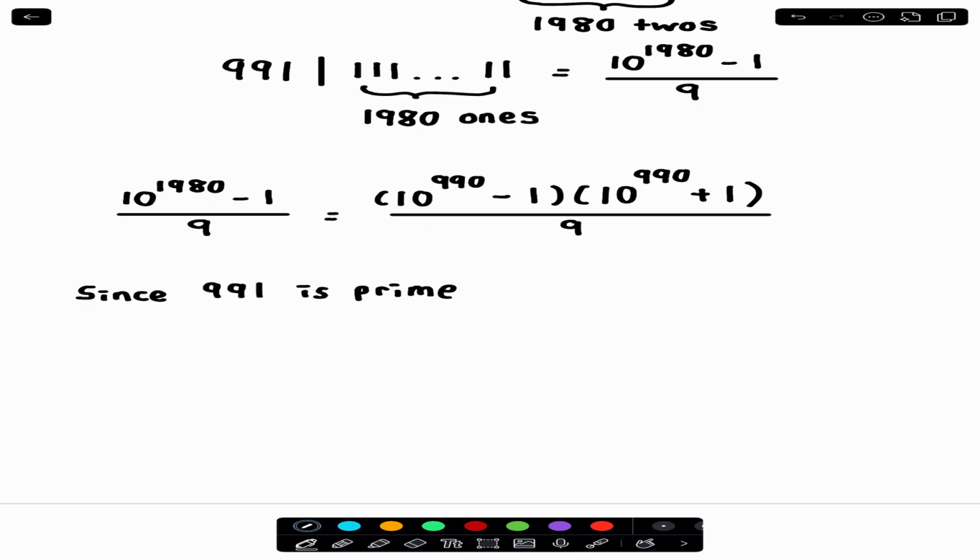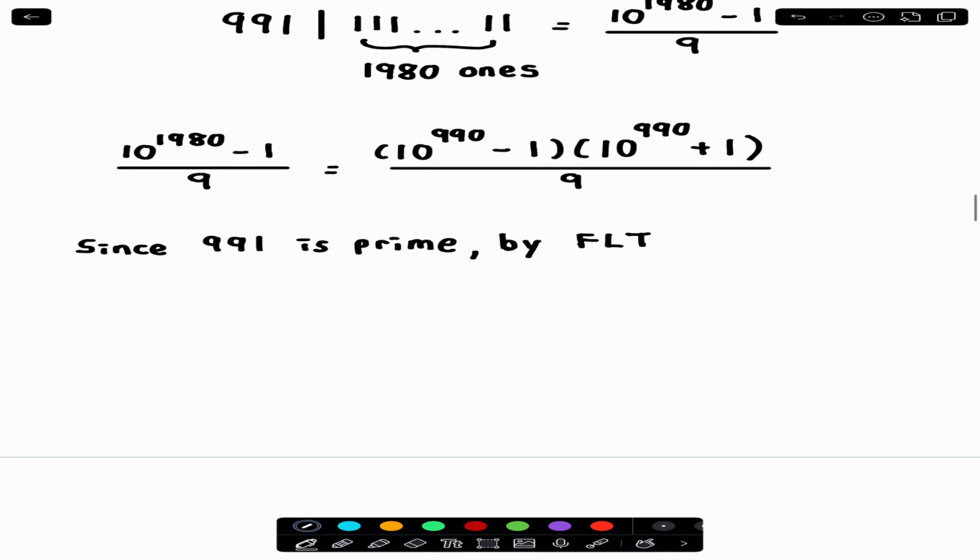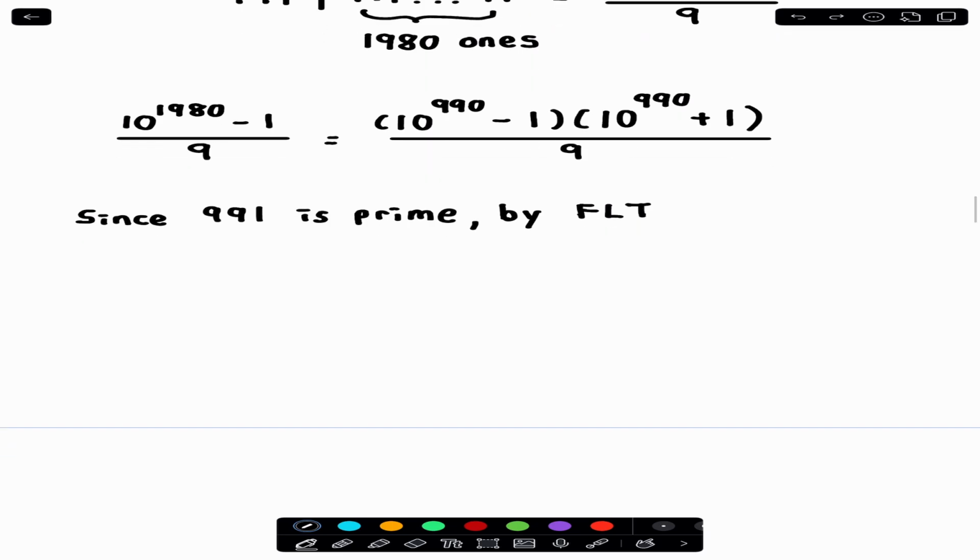So since 991 is prime, by Fermat's last theorem, and I'm going to shorten that as FLT, we know, in fact, I'm getting a bit ahead of myself. Let's go slowly.